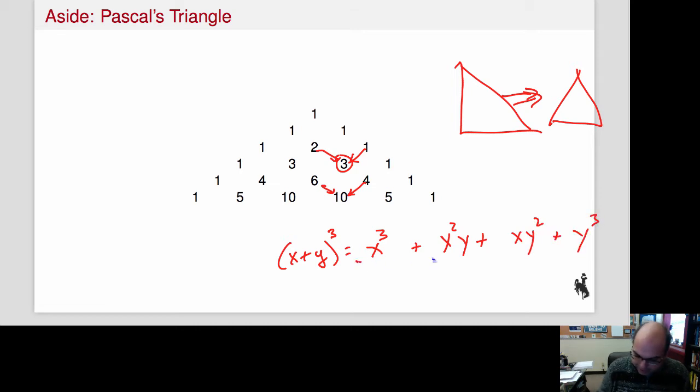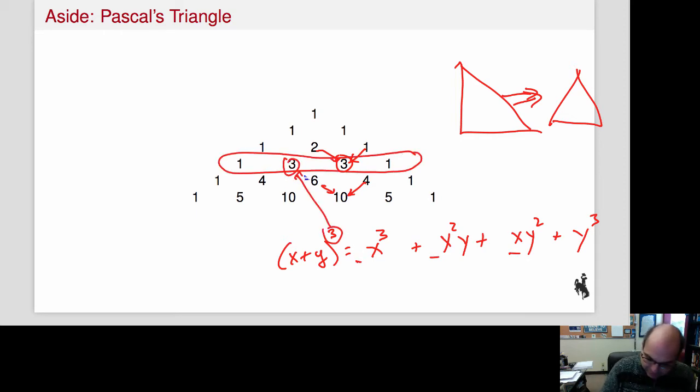The question is, what are the coefficients? You read them off of this row. Here's the 3, that's why we picked that row. We end up with 1, 3, 3, 1. Those are the coefficients. So Pascal's triangle is pretty famous. You probably saw it in middle school, and it's showing up here, kind of mysteriously.